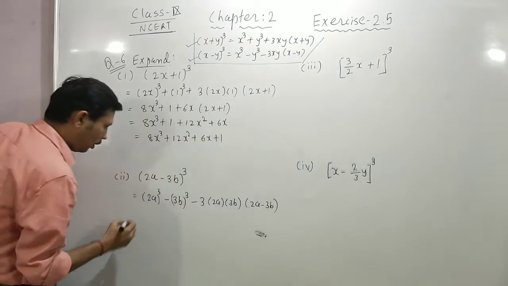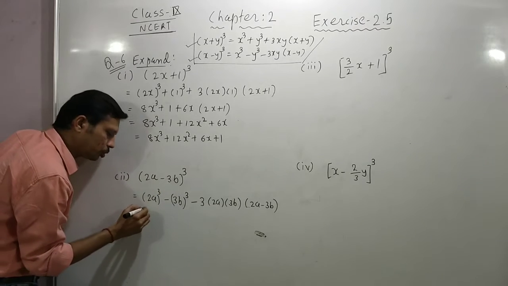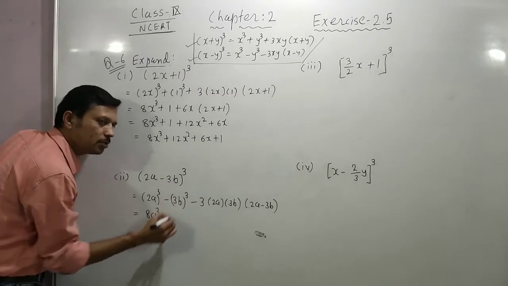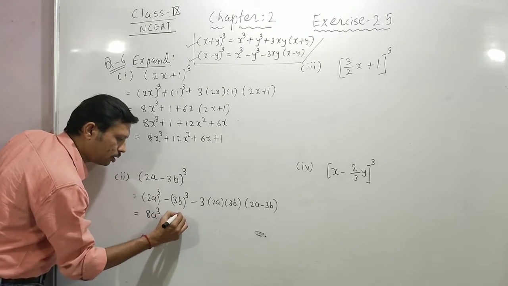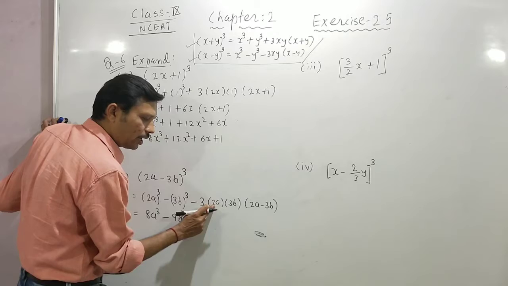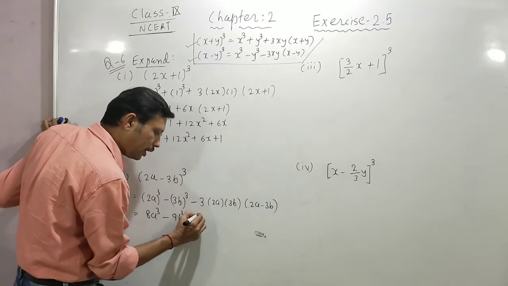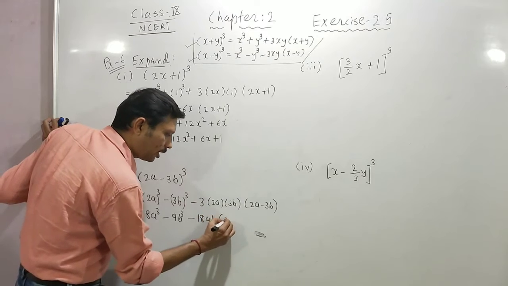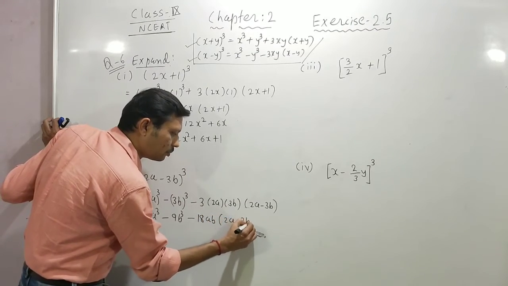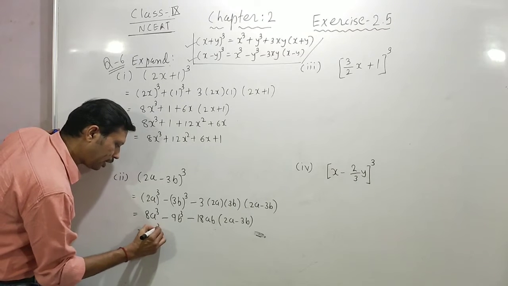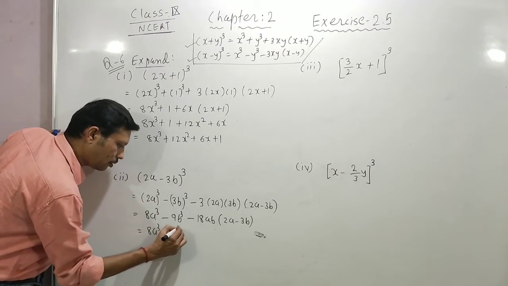Okay. Now (2a) the whole cube, how much? 8a cube. Minus (3b) the whole cube, 27b cube. Minus 3 twos are 6, 6 threes are 18ab, and finally the bracket is (2a minus 3b). Okay. Further we will simplify this. 8a cube minus 27b cube.